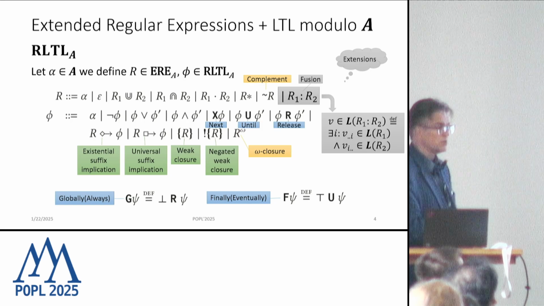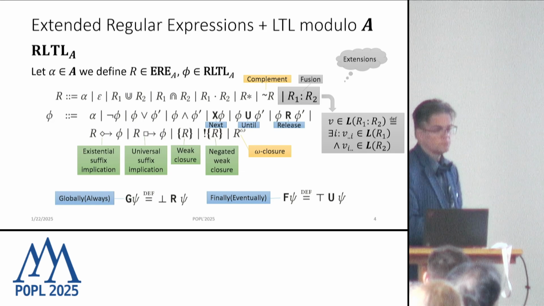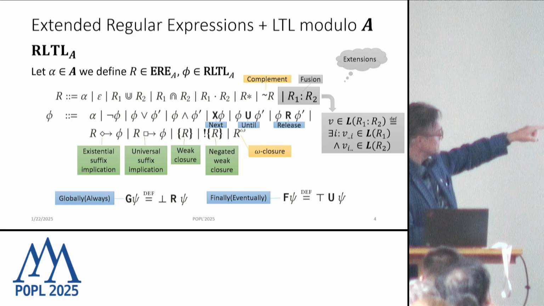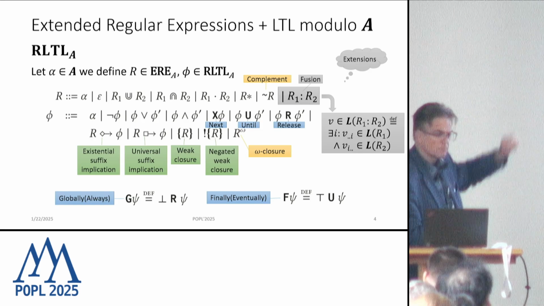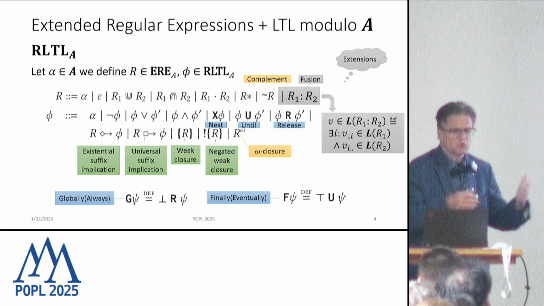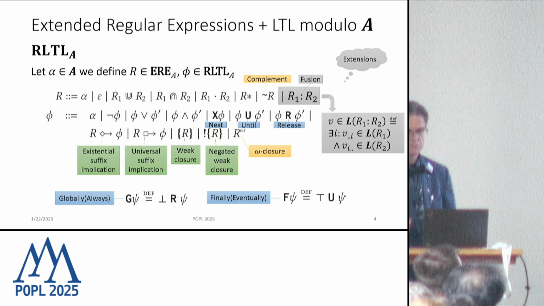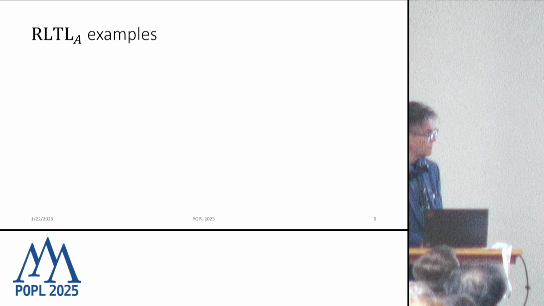This is commonly used in the context of PSL, the property specification language. In the case of existential suffix implication and universal suffix implication, it also appears internally in the semantics. It's an interesting purely language-theoretic notion that I haven't actually seen in regular expressions being used otherwise.